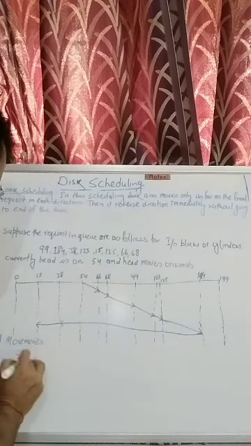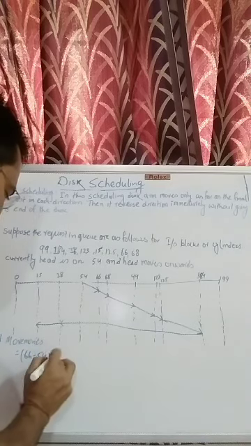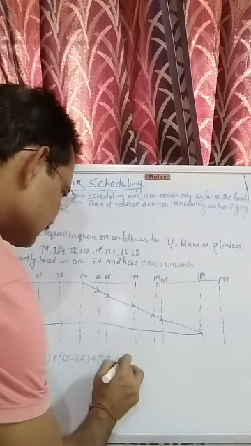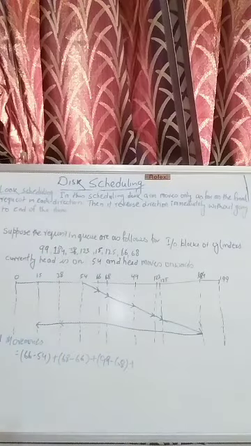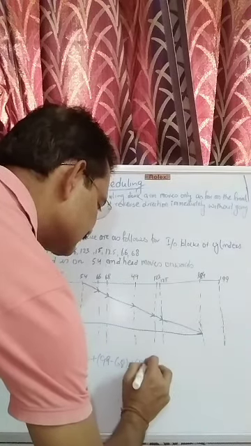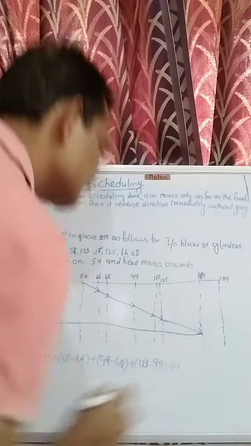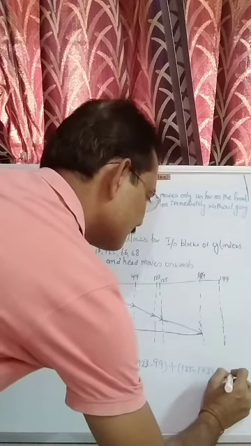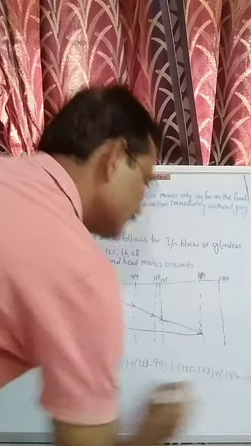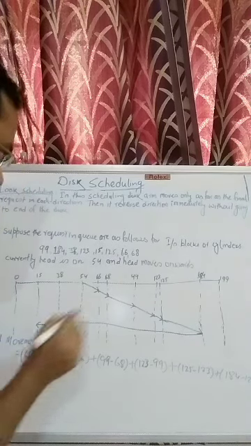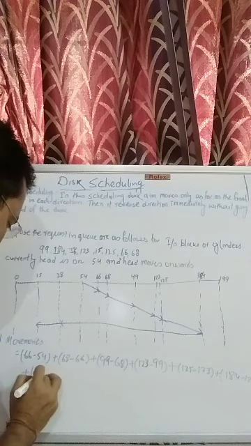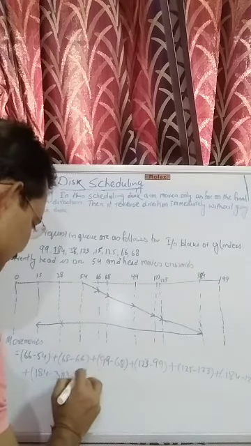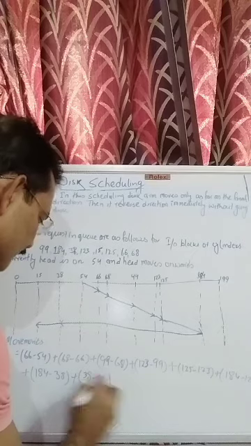So the head movements in this case are 66 minus 54, plus 68 minus 66, plus 99 minus 68, plus 123 minus 99, plus 125 minus 123, plus 184 minus 125, plus 184 minus 38, and plus 38 minus 15.